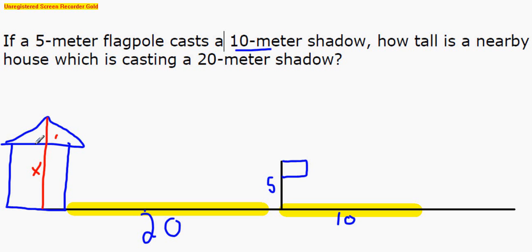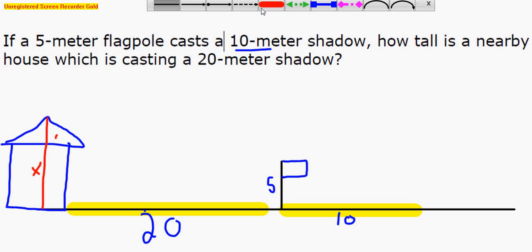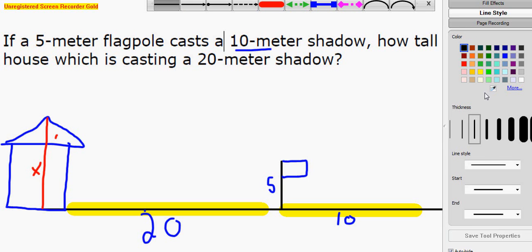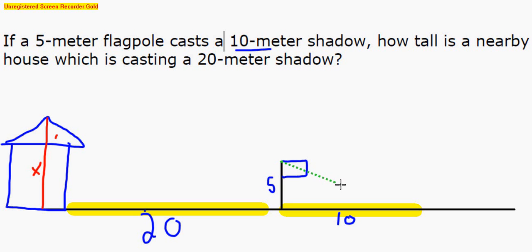And so, how this deals with similar triangles is if you imagine drawing a line, and maybe I'll do this as a dashed line, and we'll make it a different color. If you imagine drawing a line from the top of that flagpole to the end of that shadow, that forms a triangle. So there's one triangle.